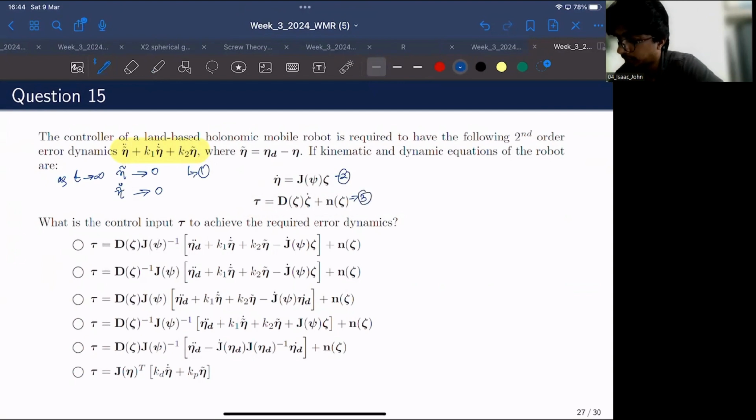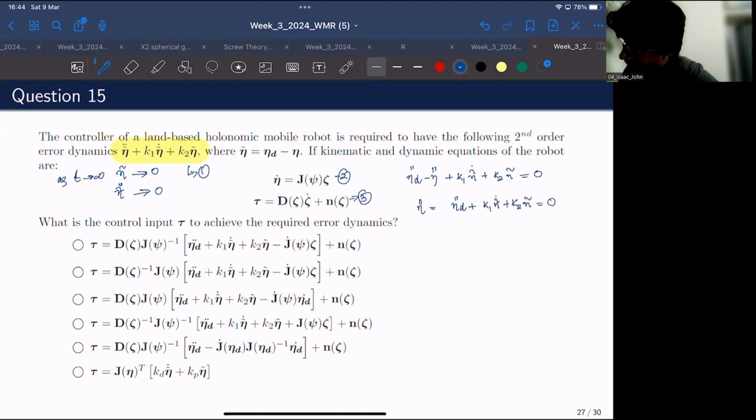If I expand equation 1, you get eta desired double dot minus eta double dot plus k1 eta tilde dot plus k2 eta tilde equals 0. If I take eta double dot to the other side, eta double dot would be eta desired double dot plus k1 eta tilde dot plus k2 eta tilde. I'll call this equation 4.